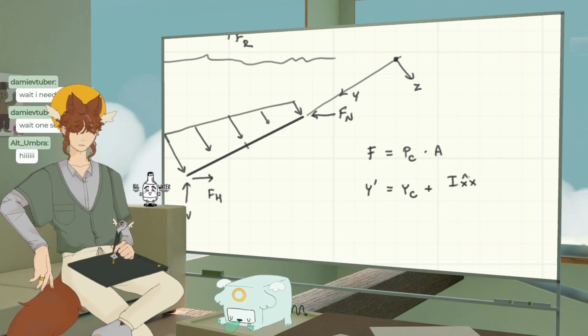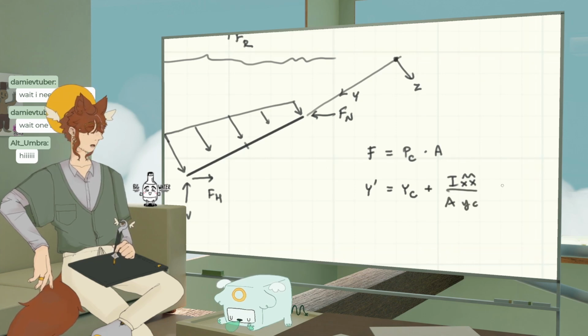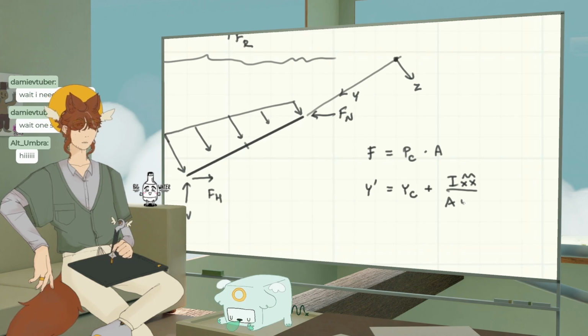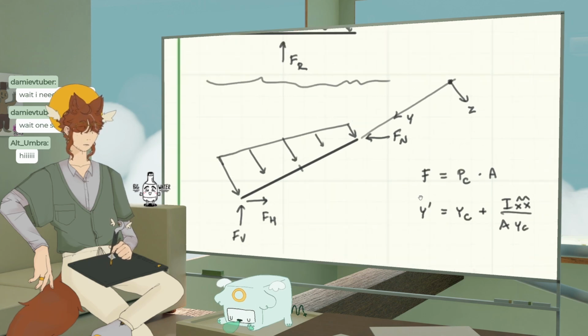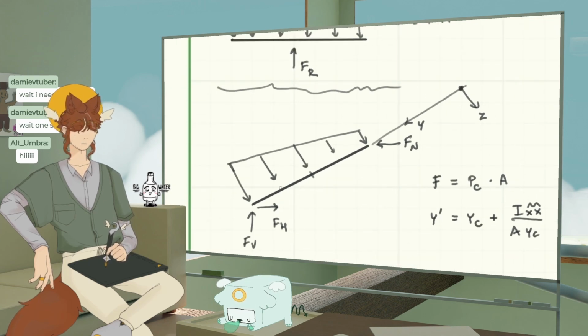Again, this is coming from a proof. I'm not going to do that proof off the top of my head, but this y prime is referred to as the center of pressure, and this is our actual centroid. So our center of pressure is actually below. For a rectangle, it's sort of like 2/3.